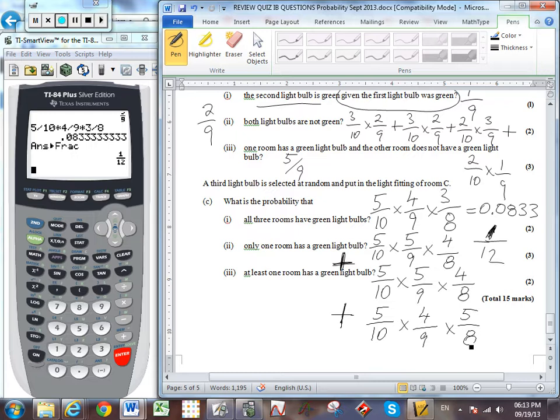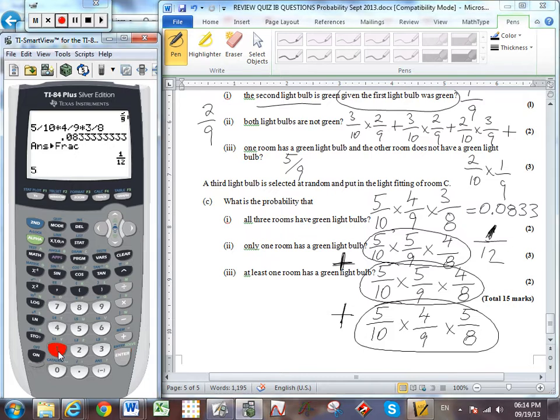Okay, so we've got 5 times 5 times 4 in the numerator, and we've got 10 times 9 times 8 in the denominator, for each of the three cases. So the product of each will be the exact same, because we're multiplying the same numbers on the top and the bottom. So how about I just work it out once and then multiply it by 3, because I'm adding the same thing to itself 3 times.